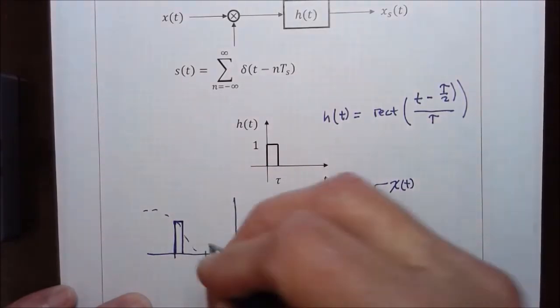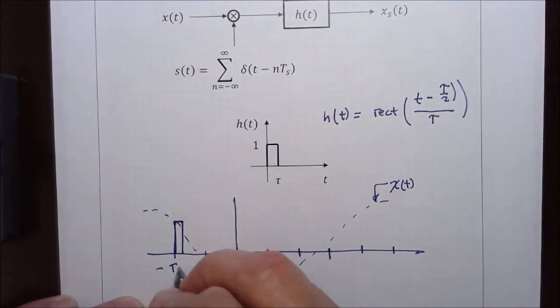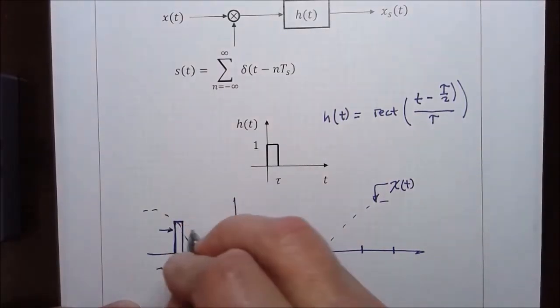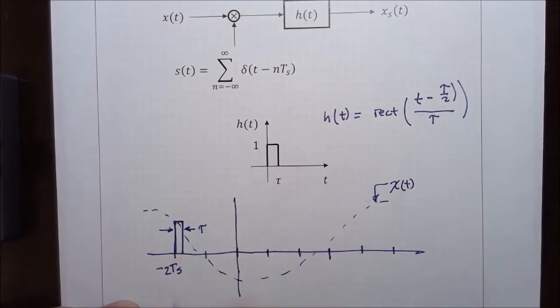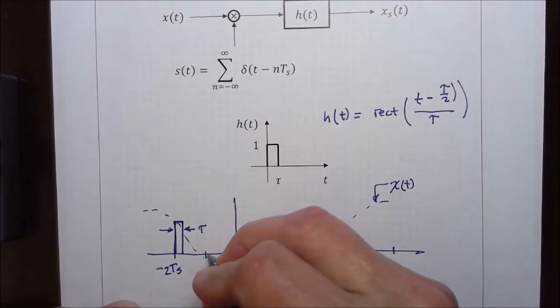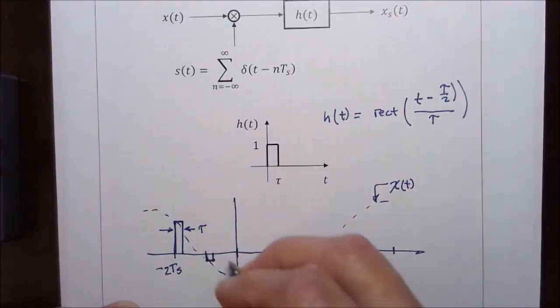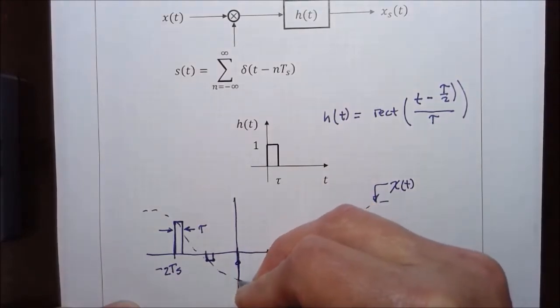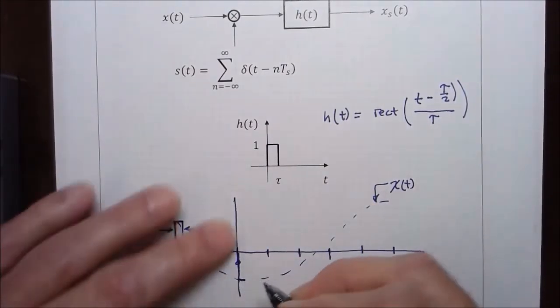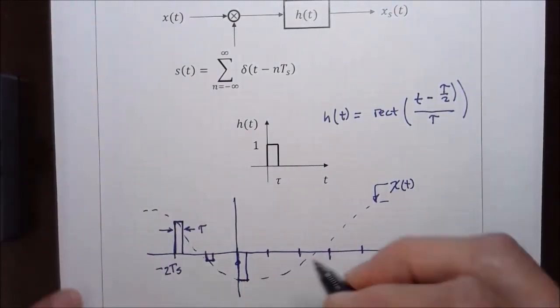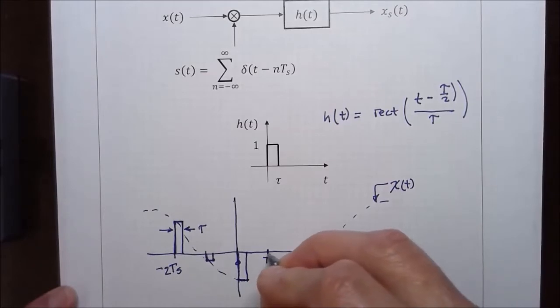So this would be minus t sub s, 2 times t sub s, in this case, is the sampling time, and it produces a rectangle with a width of tau. And then the next sampling produces this small rectangle, and then this is at time t equals 0. The sampling produces a rectangle that's negative again, and then this is at time t sub s.